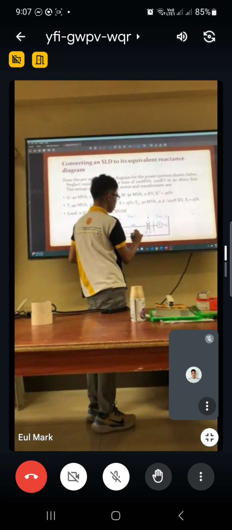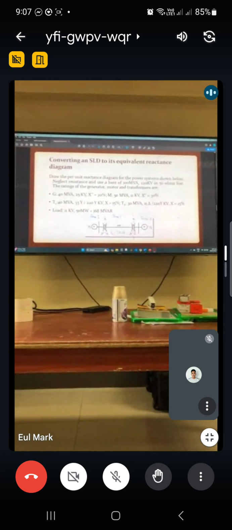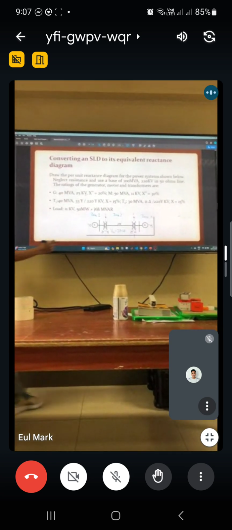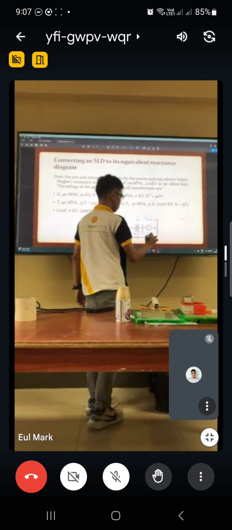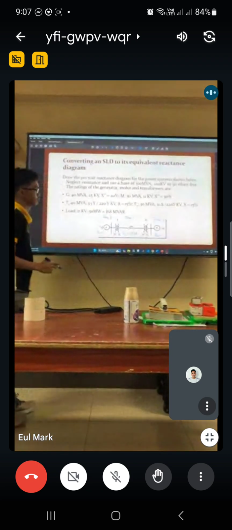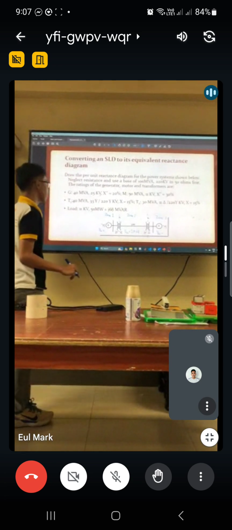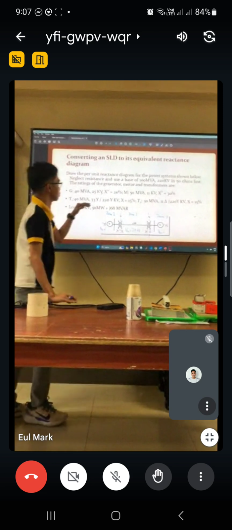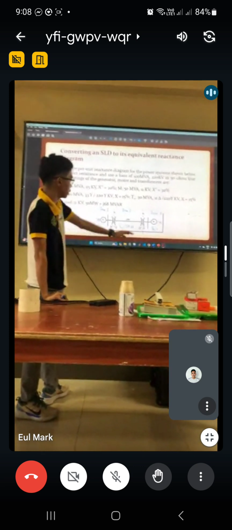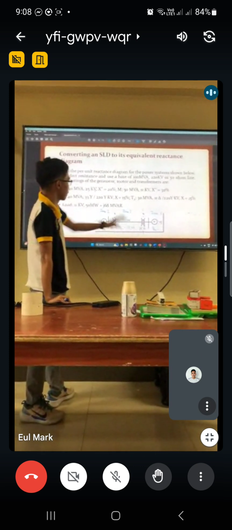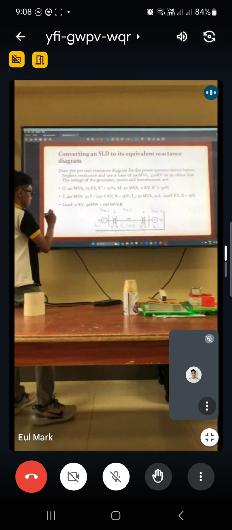So at zone 2, the base voltage is 220 kilovolts. Okay. What is the base voltage for zone 1? Look at the transformer. Transformer 1 is 40 MVA, 33 kV, 220 kV. So if we transform this voltage through either T1 or T2, what is our VB1?